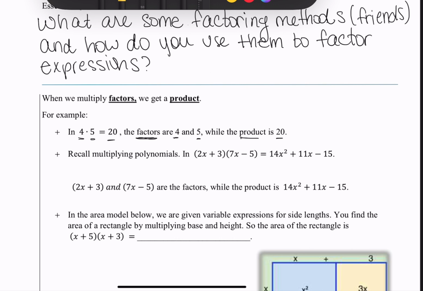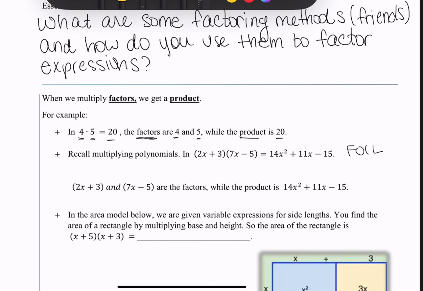So let's recall multiplying polynomials. In our last lesson, we were multiplying polynomials, which was basically all we had to do was distribute. We took every term in the first polynomial and multiplied it to every term in the second polynomial, and then we combined like terms. And sometimes we had a special case. For example, if we had a binomial times a binomial, then we could use a process called FOIL: first, outer, inner, last.